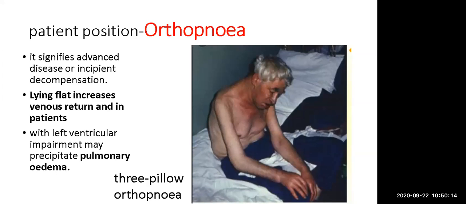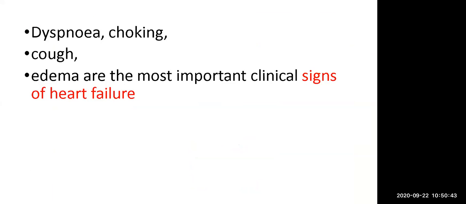The pressure increases, and these pressures go, if it's the left ventricle, then to the left atrium, then to the pulmonary circulation. If you remember the circulation, pulmonary and systemic, how it works, you understand why this dyspnoea comes.